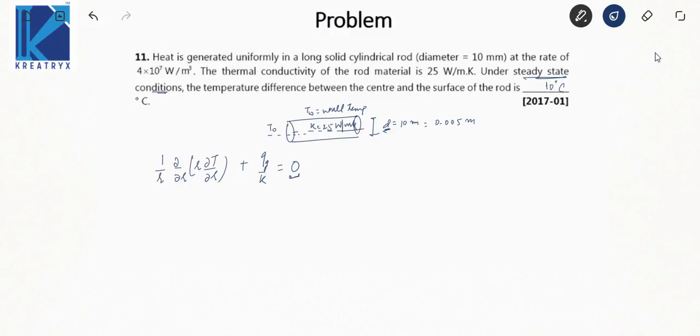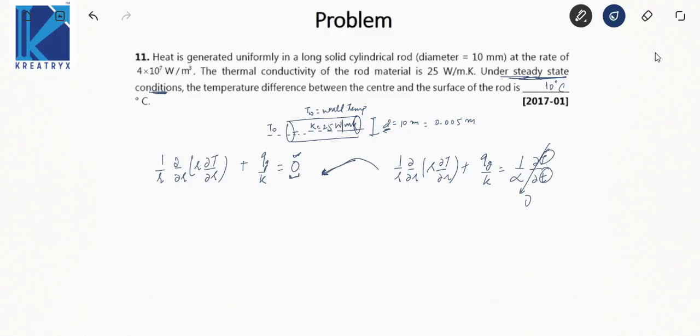Although the general equation is 1 by R del by del R of R delta T by del R plus Qg by K equals 1 by alpha delta T by delta t. This is temperature, this is time, and this term is 0 because it has been given that it is a steady state condition. So this equation becomes the equation which has been written here.